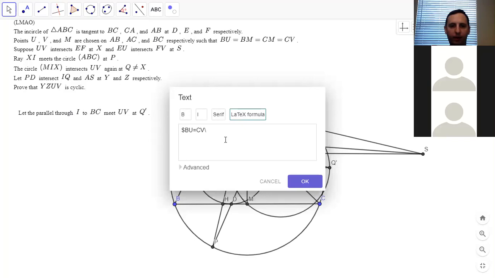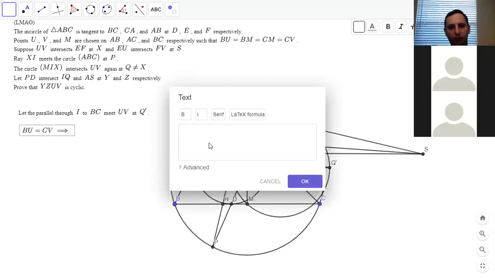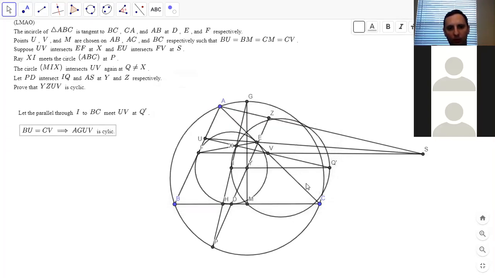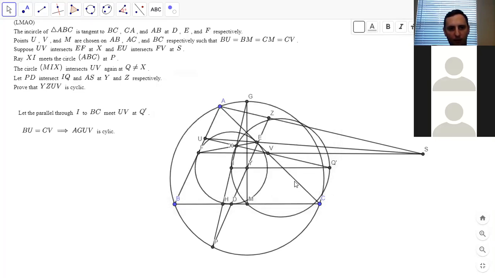I've seen this in a bunch of videos, but that means that AGUV is cyclic, by a spiral similarity.